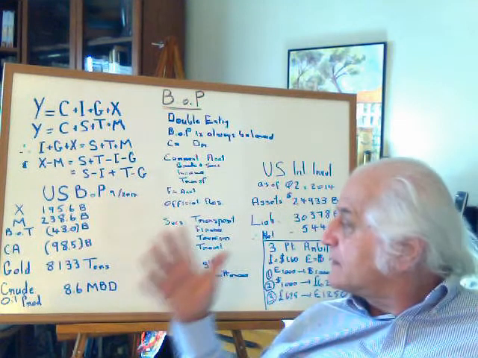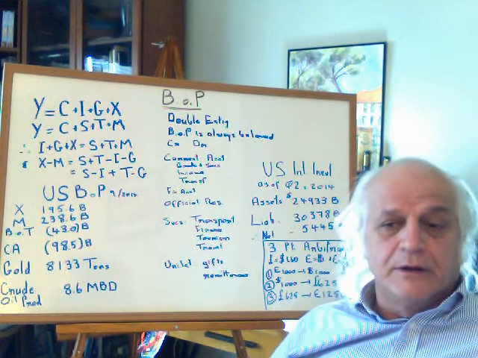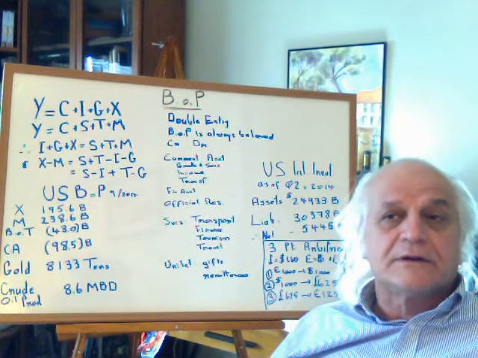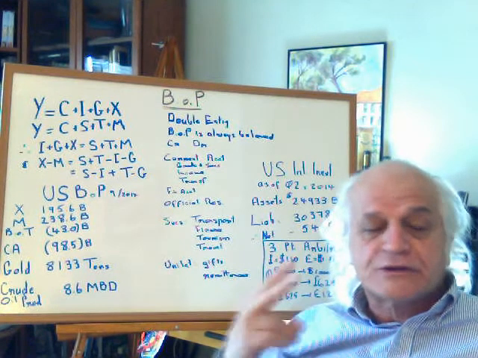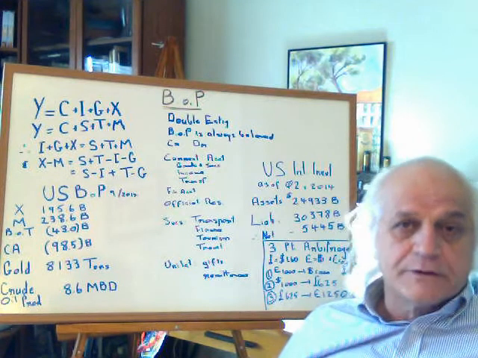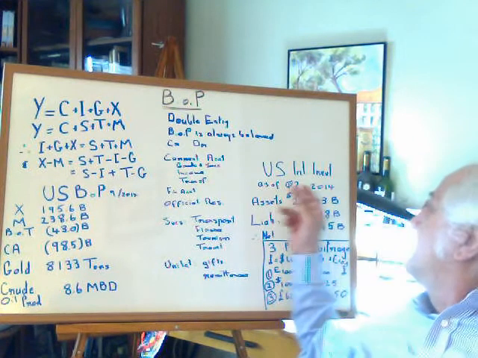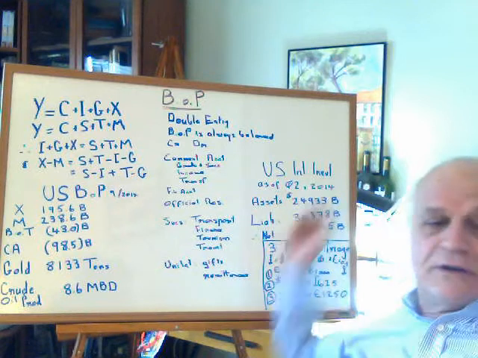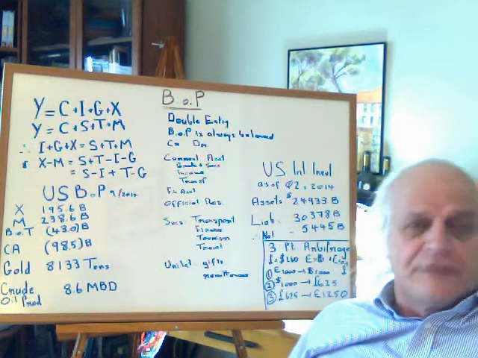Obviously, the first thing that I want to mention, by the way, is the fact that there are essentially two major measures: the balance of payment, and then the U.S. net international investment.